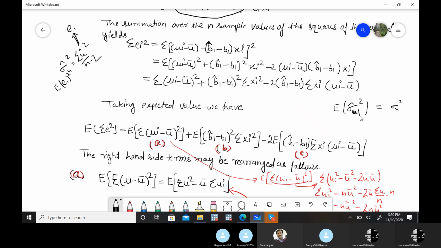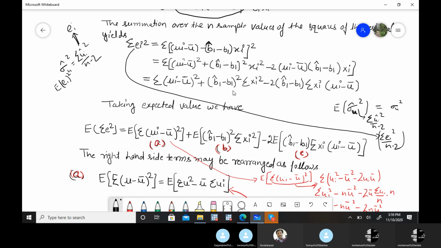The sample variance is summation u hat square upon n minus 2; in Koutsoyiannis notation, it is ei square upon n minus 2. First we have calculated this value. Because we have to prove that the expected value of this whole term is equal to the population variance, we ignore n minus 2 for the time being and take expectation on both sides.